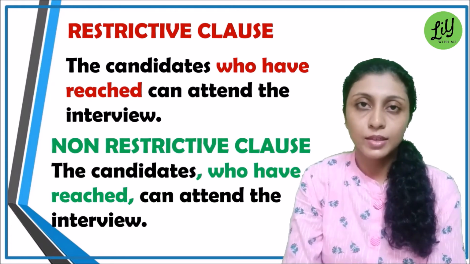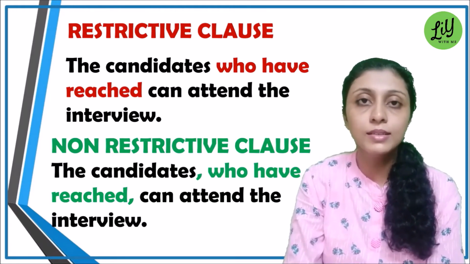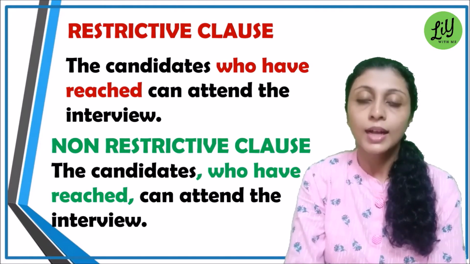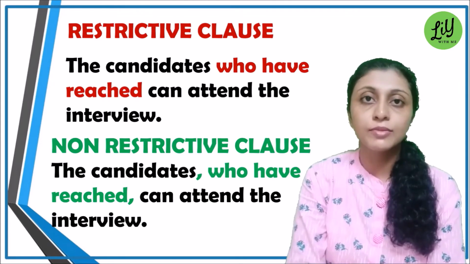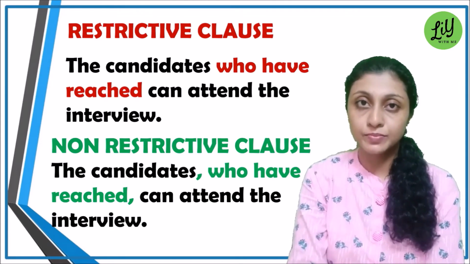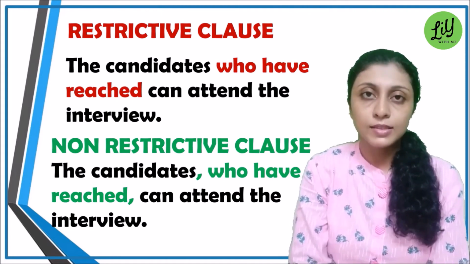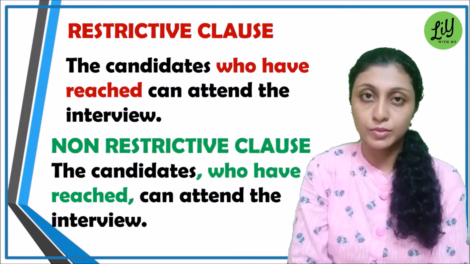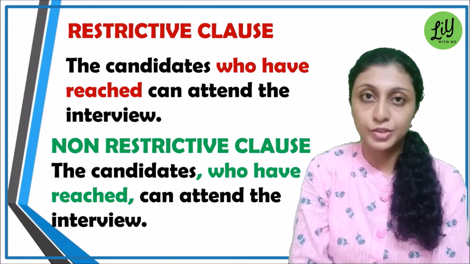The candidates, who have reached, can attend the interview. In this sentence we have used commas, and the meaning implies that all the candidates have reached and they are asked to attend the interview. So here it is referred to as a non-restrictive clause. Even if the clause is removed, which means who have reached, the meaning is not changed.